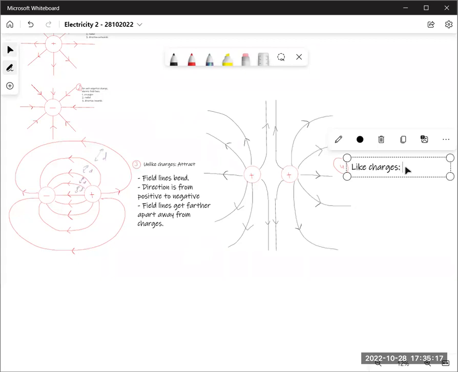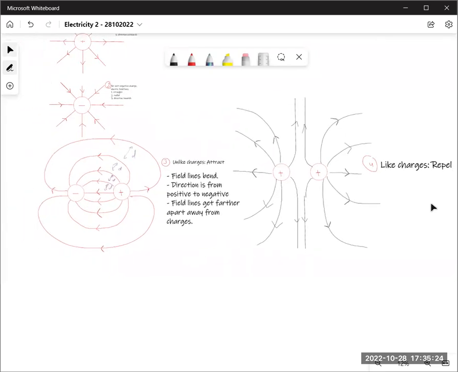Like charges repel. Now if you add positive, positive, negative, negative, it would look the same as well. In the exam, you have to show these, especially, and yes, you have to show the whole thing. In this, you don't have to show as many. You need to show at least 4 or 5 field lines.